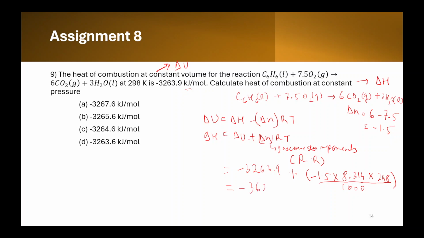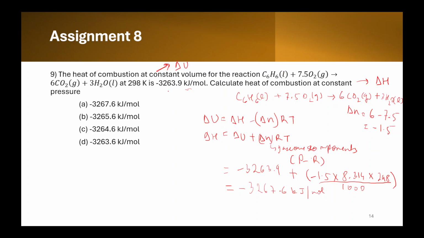So minus 3267.6 kilojoule per mole. Or you can say that this can be in kilojoule also, because this is for 1 mole of combustion, heat of combustion for 1 mole of benzene.